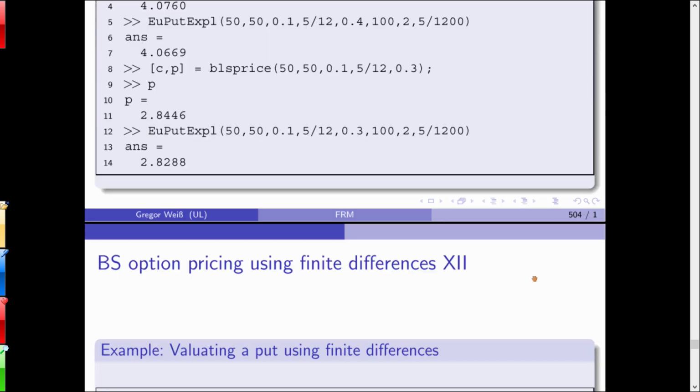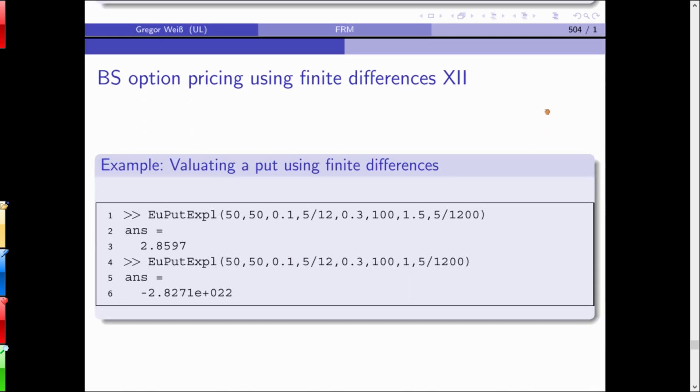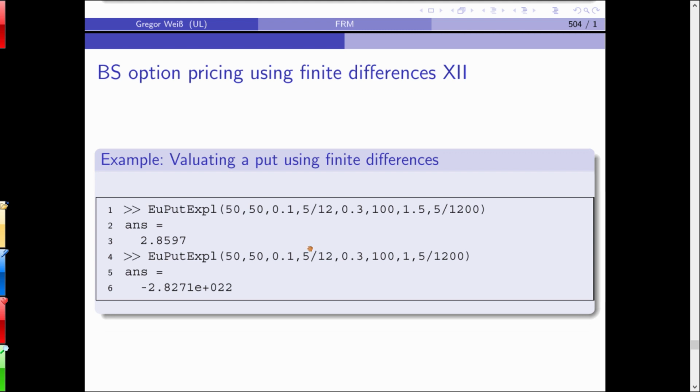And this is option pricing using finite differences. You can see there is one example here where it blows up. The Black-Scholes formula was on the previous slide. You can see that we are using the finite differences again, and we are now using a slightly different, what's the second parameter?